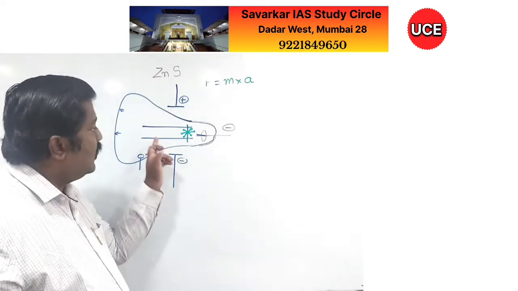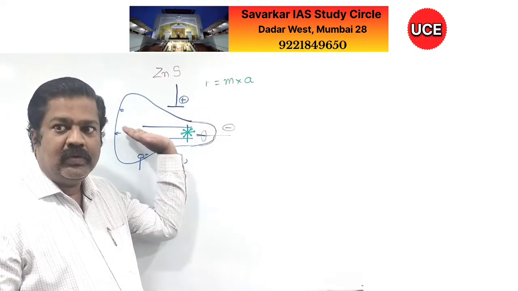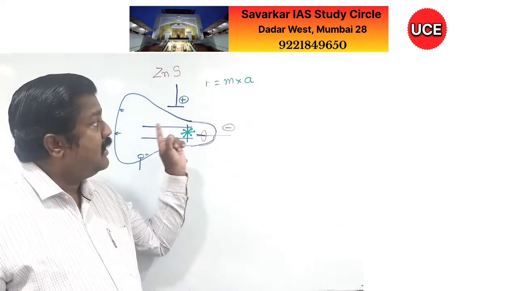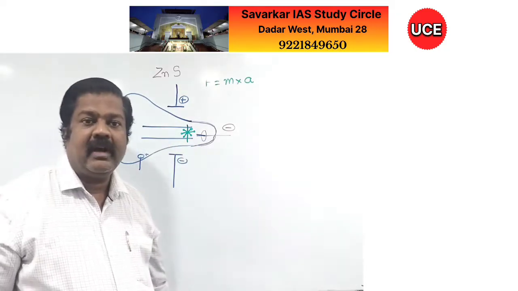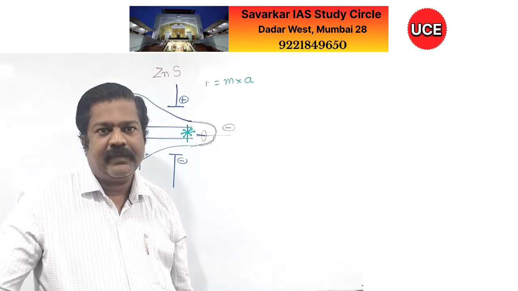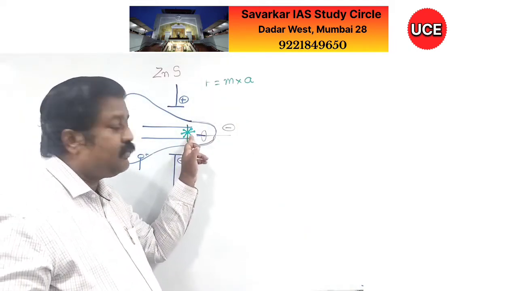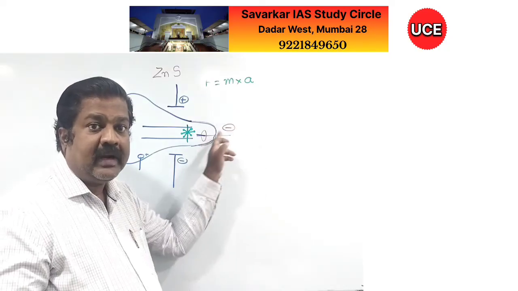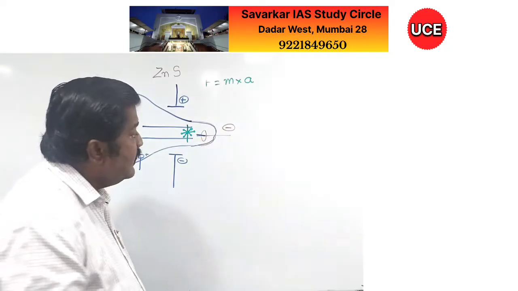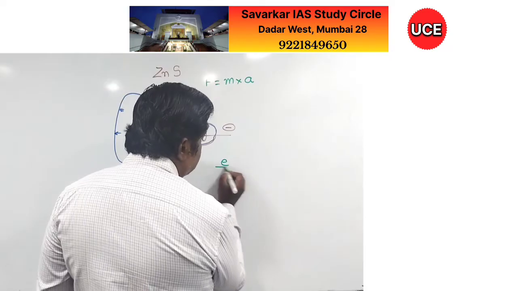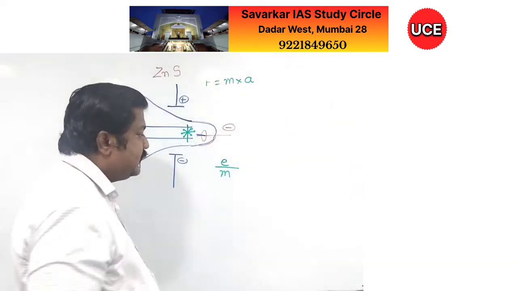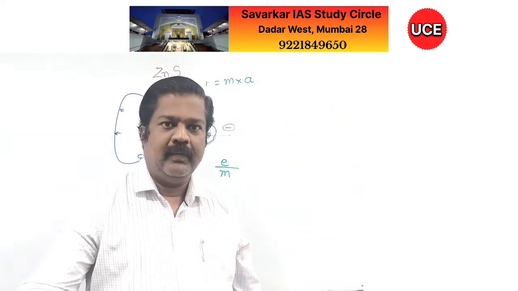Then, based on previous data, how the curve is there and what is the deviation of cathode rays in the presence of electrical charge, and what is the mass of the wheel, what force is required to move it, and with what speed it is moving, scientists were able to calculate a ratio. This ratio is called the e by m ratio.